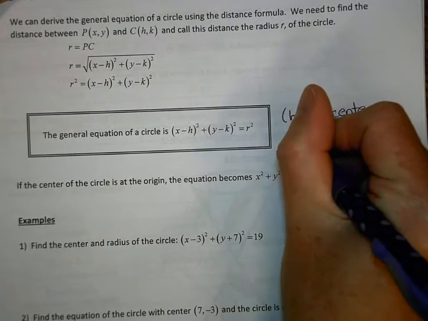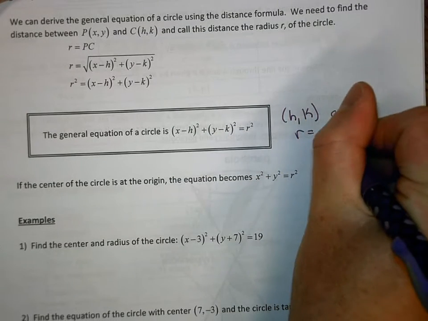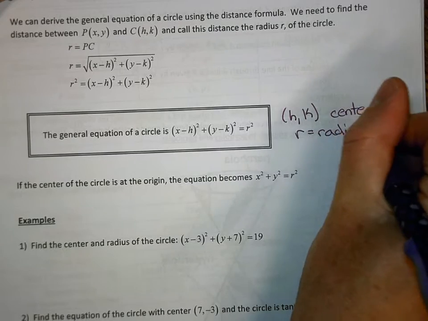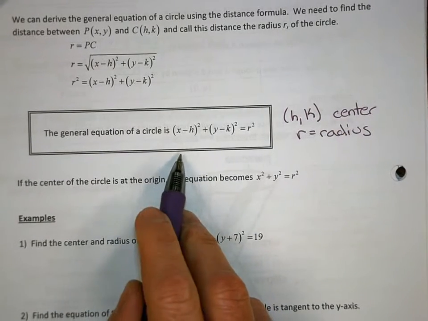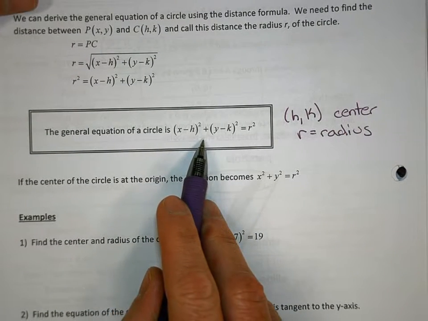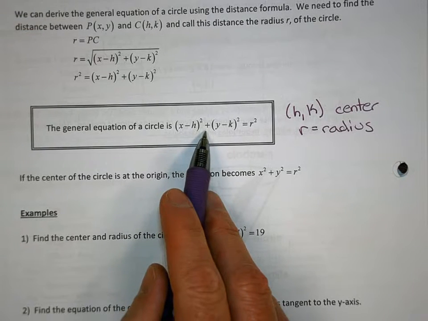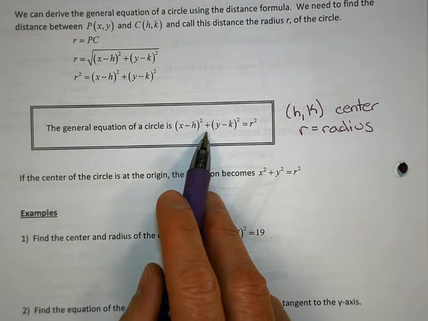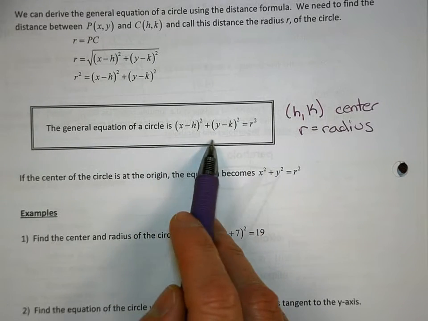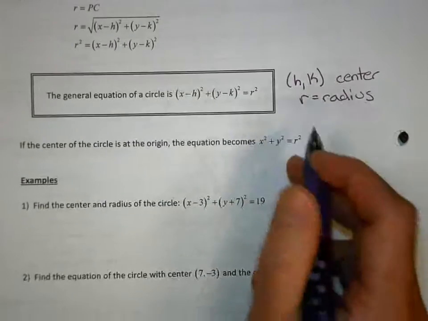R, of course, is your radius. Notice how they're in the format of two binomials squared. That is why we're going to work on completing the square during stat time, so that you are used to putting an equation into the format of an equation of a circle.